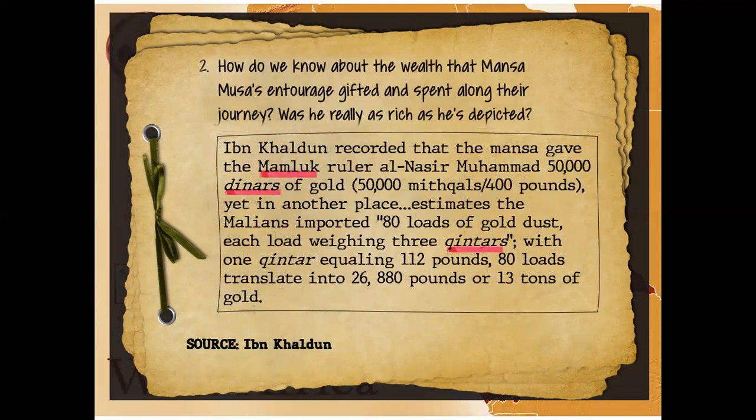Here we have another source to help us answer this two-part question, really, of how do we know about the wealth that Mansa Musa gifted and spent along the journey, and was he really as rich as he's depicted? This one, we see the source is Ibn Khaldun. And in this case, I haven't given you a bio because I would really encourage you to open up a new tab and just type in Ibn Khaldun.